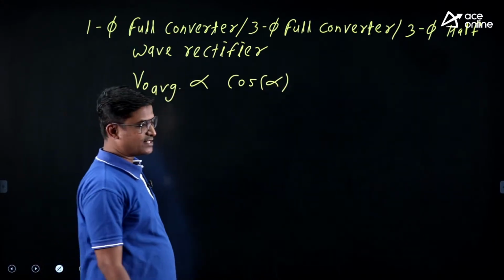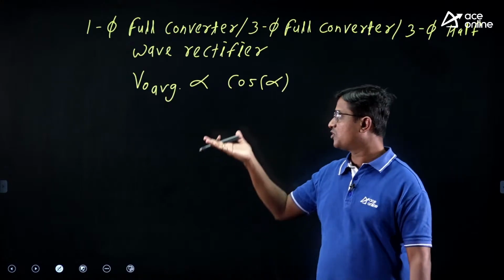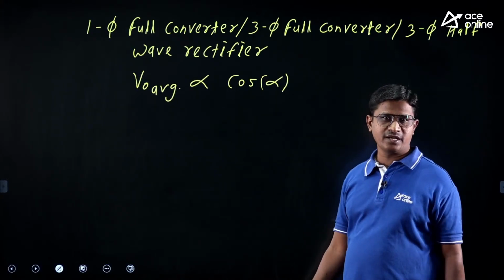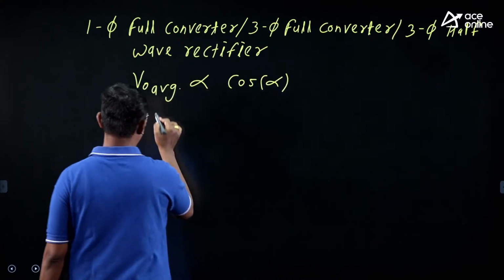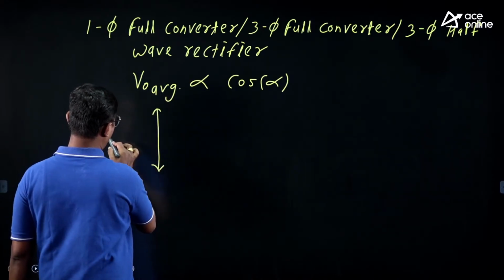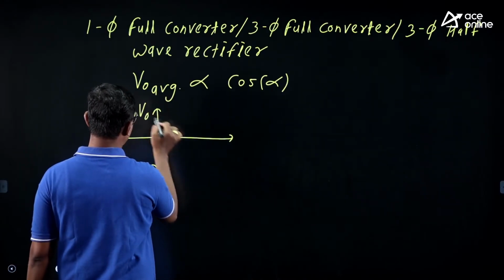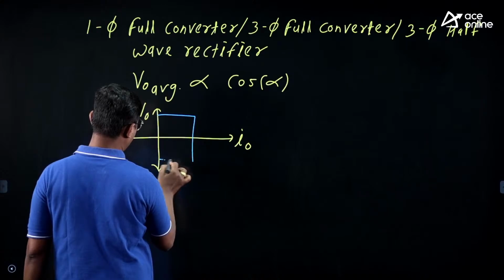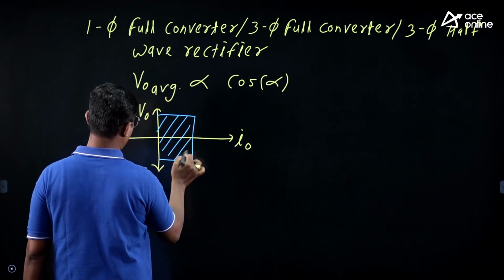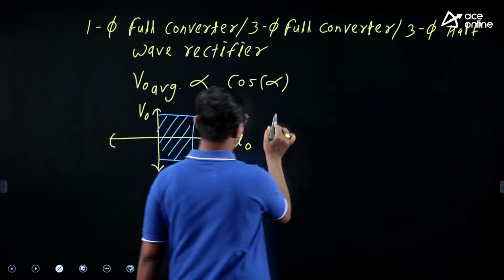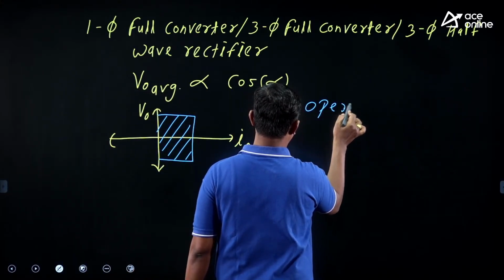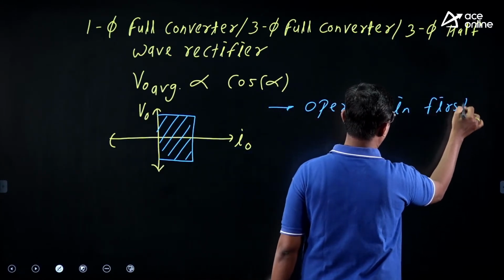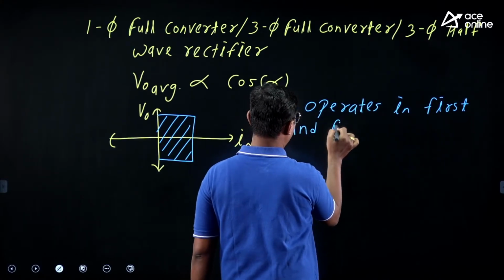If alpha is less than 90 degree, cos alpha is positive and your output voltage is positive. If alpha is greater than 90 degree, cos alpha will be negative and V0 average will be negative, right? So these converters give output as positive voltage as well as negative voltage, but output current is only positive. So these converters operate in the first and fourth quadrants, right? First and fourth quadrant.